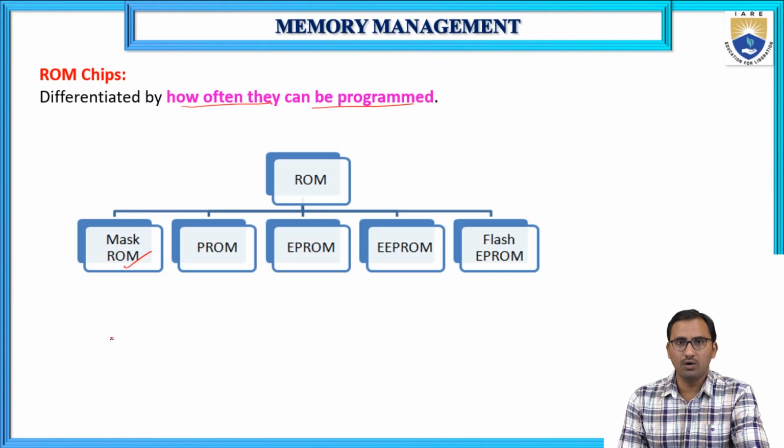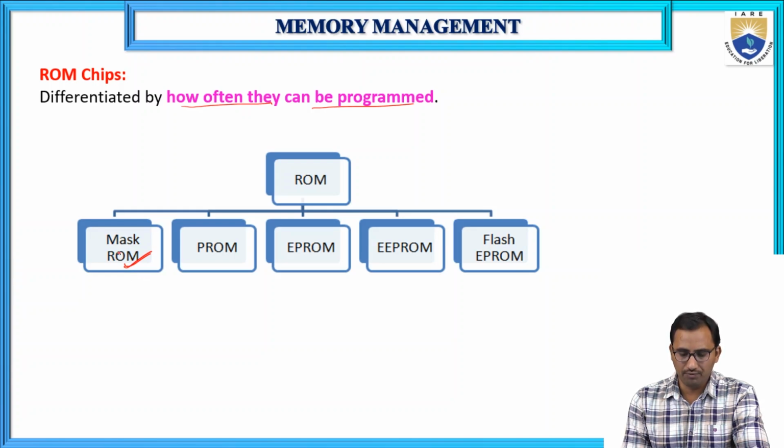This masked ROM is the oldest type of memory, and in this the content was stored by the manufacturer and not by the user. The user is not able to modify or reprogram this type of masked ROM, because once the manufacturer loads the program into it, the user cannot alter it.